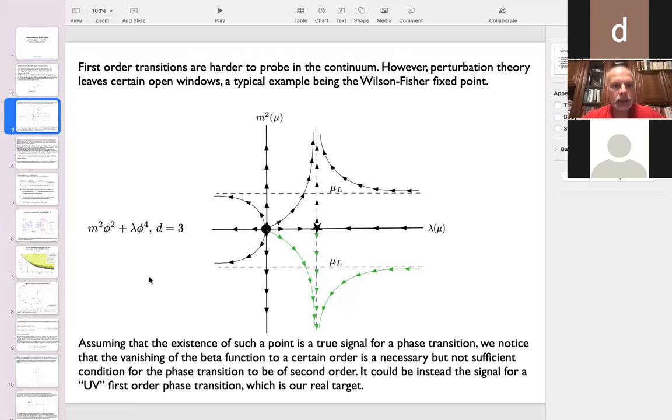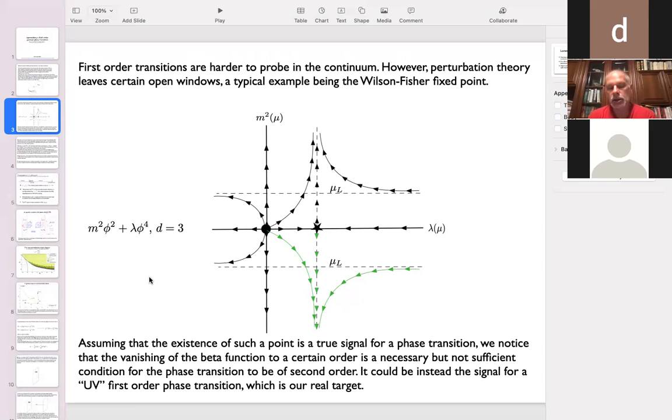However, if you extend perturbation theory a little bit, namely, if you set the epsilon parameter of dimensional regularization, defined as 4 minus d, for example, where d is the dimensionality, you can set epsilon equal to 1.